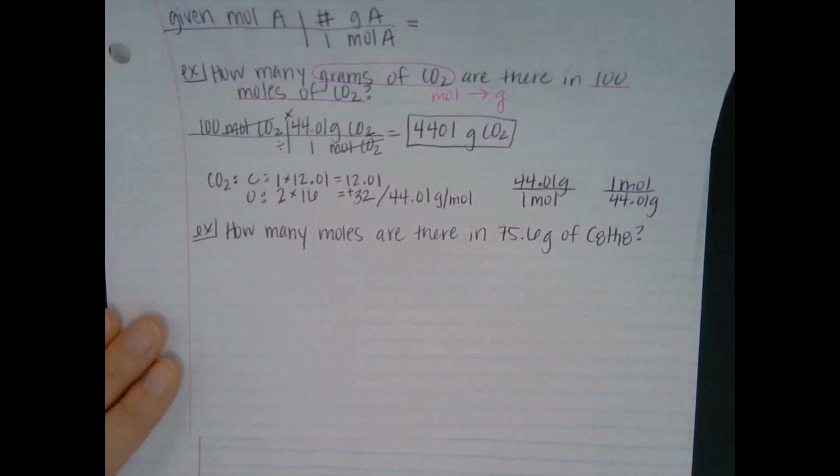How many moles are there in 75.6 grams of C8H18? So what I want you to do is take a second and solve this on your own. See how far you get. You don't know where you get stuck if you don't try, okay? So try to solve this one on your own.